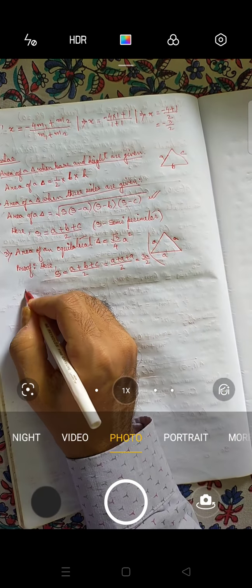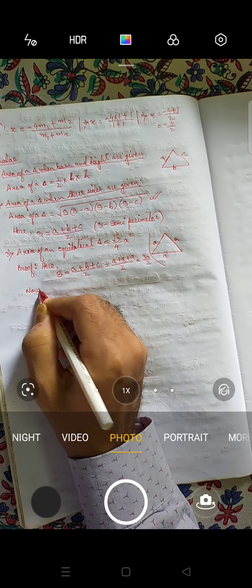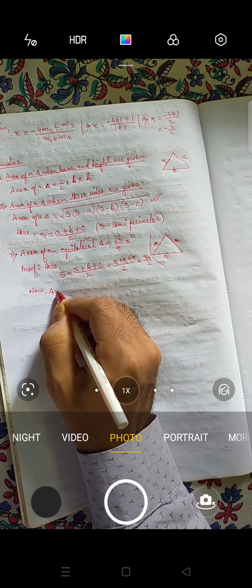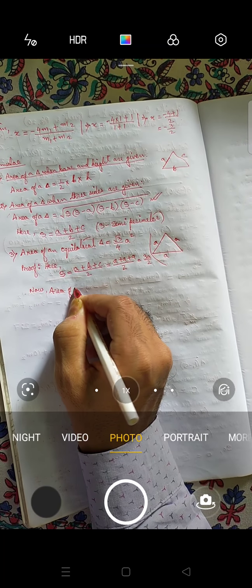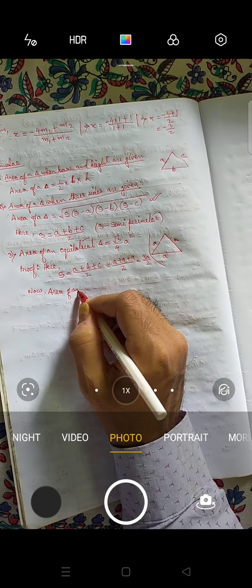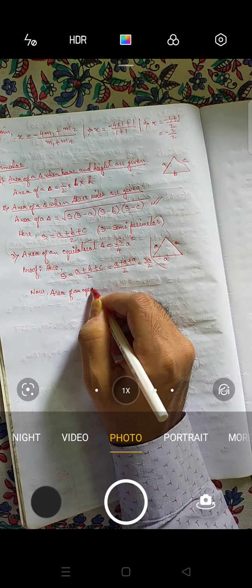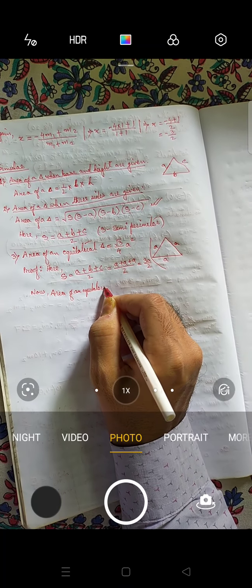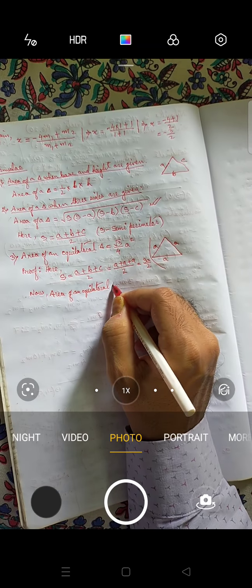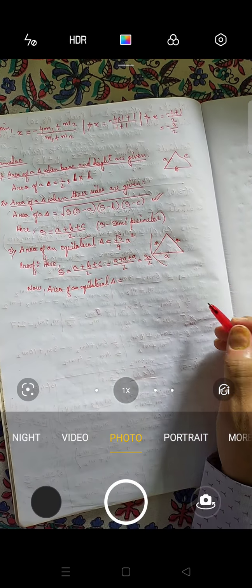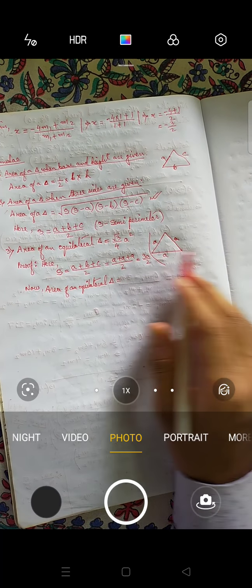Now the area of an equilateral triangle equals to, you have to prove that, right?